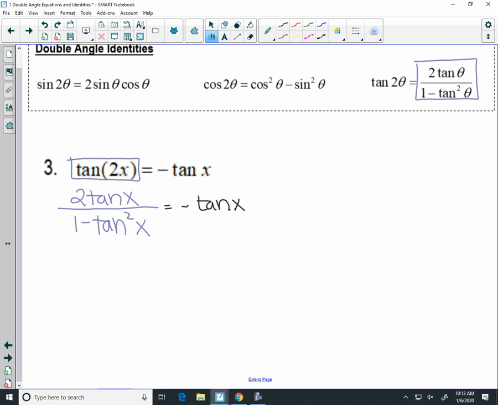If we can get rid of fractions, we want to, right? The first thing we want to do if we can is clear the fraction. How can I get rid of this fraction?